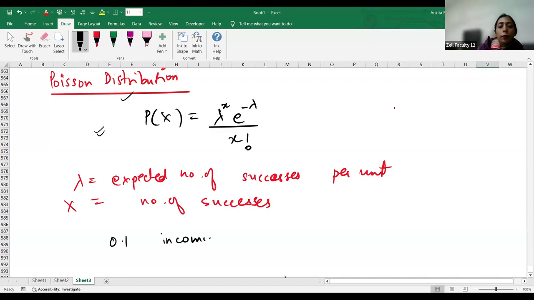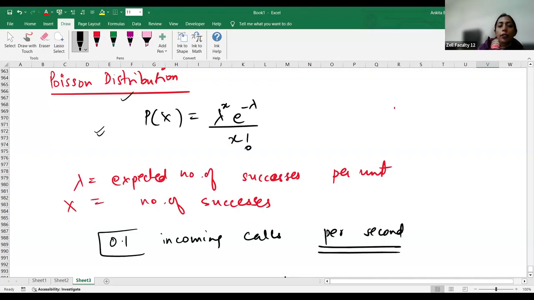So every second we are getting 0.1 call on the emergency line. This is the arrival rate of the incoming calls. Now assume that this arrival rate follows a Poisson distribution.